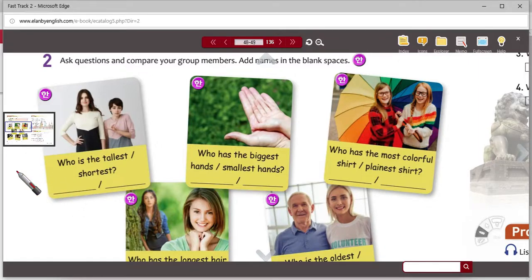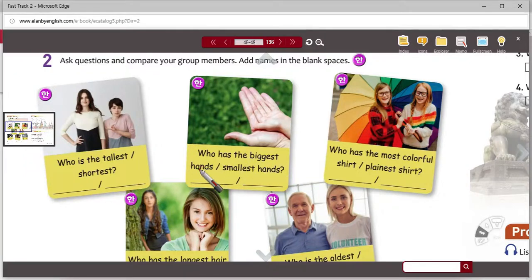So what is the fastest land mammal? The peregrine falcon is the fastest animal. So we're going to use the same structure here. Who is the tallest? Gary is the tallest. Who is the shortest? Keisha is the shortest.